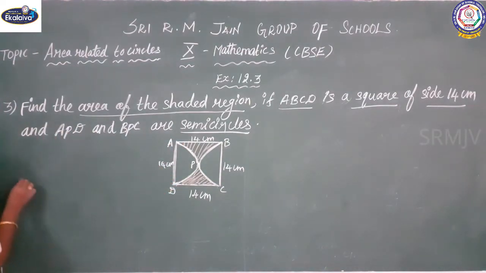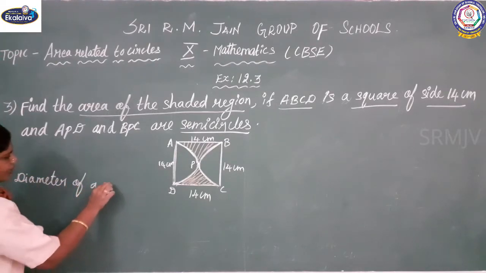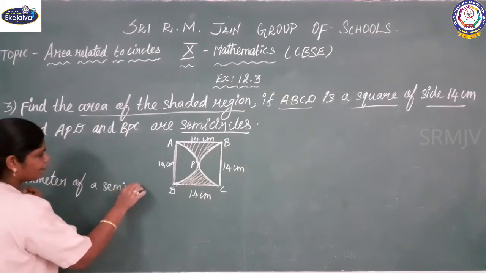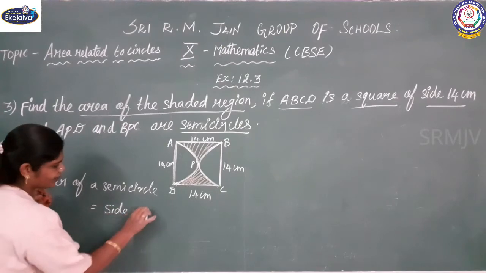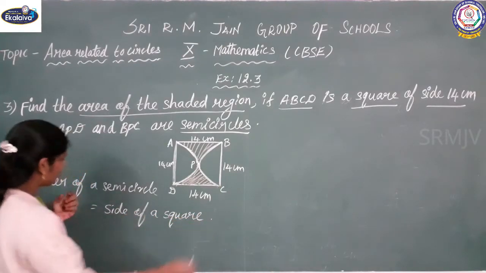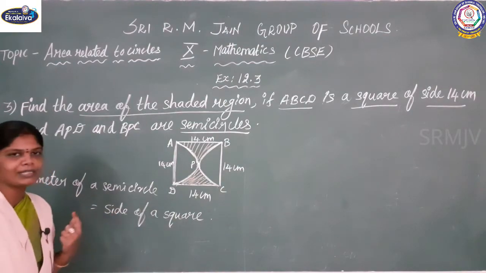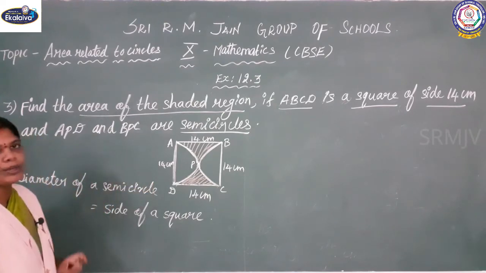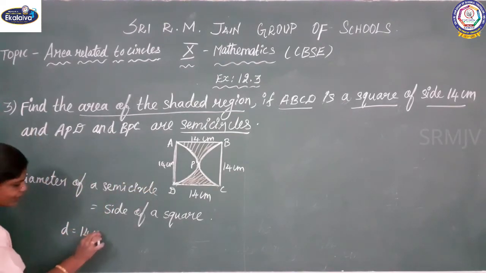So diameter of a semicircle is equal to side of a square. Here side of a square is 14 centimeter. So diameter equal to 14 centimeter.